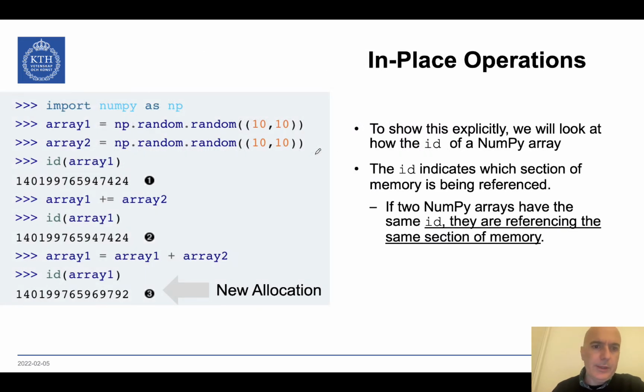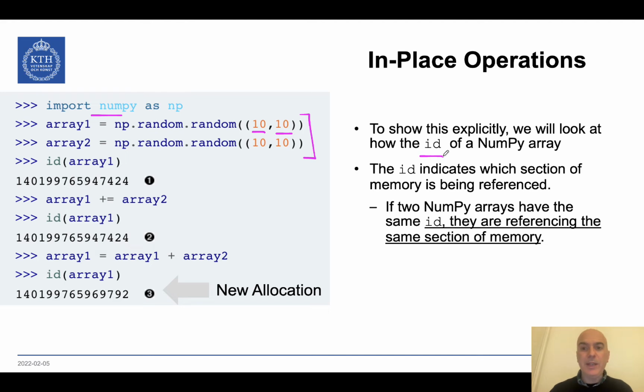Let's look at an example of in-place operation. For instance, we can use NumPy, and then we create two matrices, array 1 and array 2, of size 10 by 10. To check if a memory allocation occurs or not, we can use the id function that we have been looking at before.